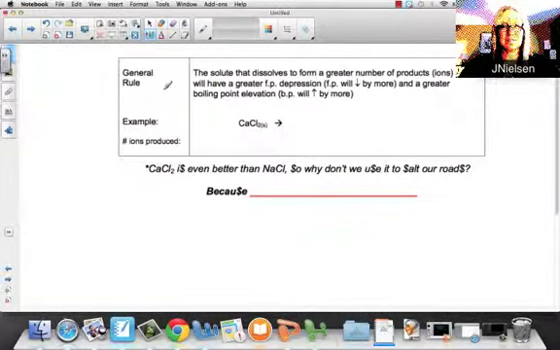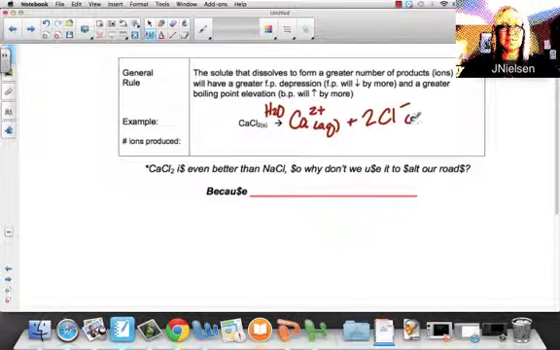The general rule is the solute that dissolves to form a greater number of products or ions will have the greater freezing point depression, so the freezing point will decrease by more, and a greater boiling point elevation. The boiling point will increase by more. So CaCl2 dissociates in the presence of water into Ca2 plus aqueous plus 2 Cl minus aqueous.